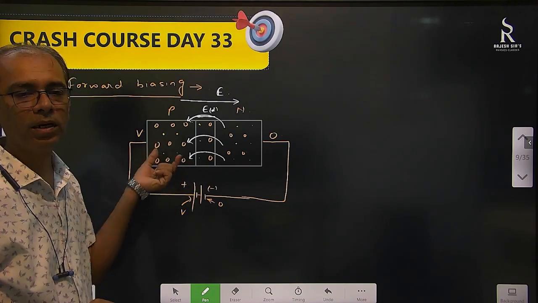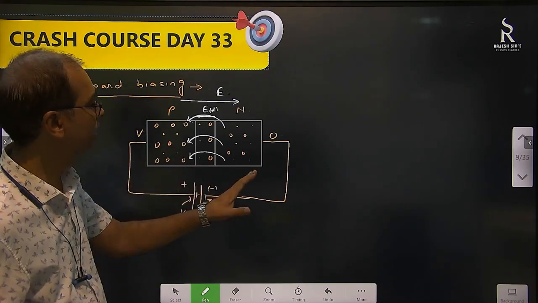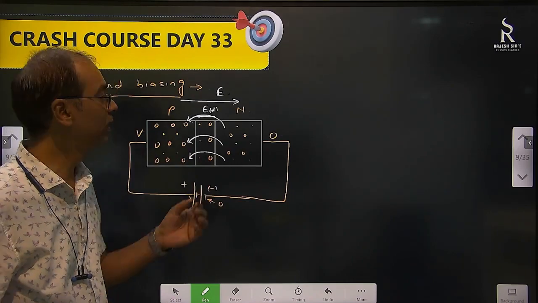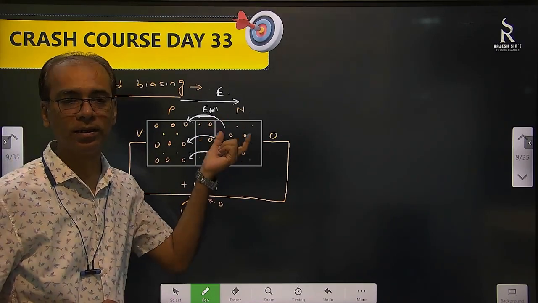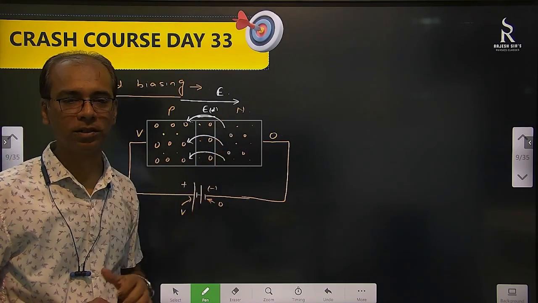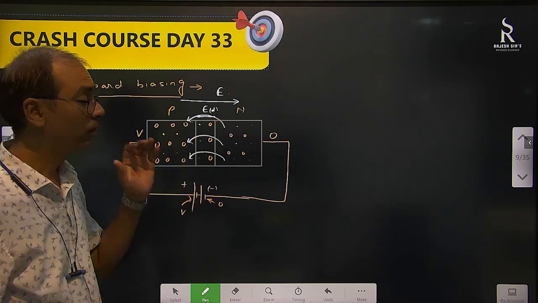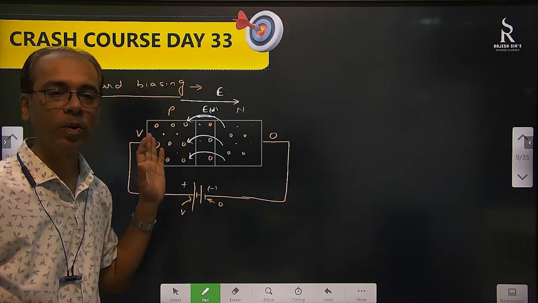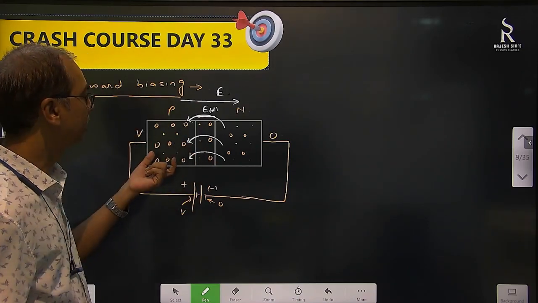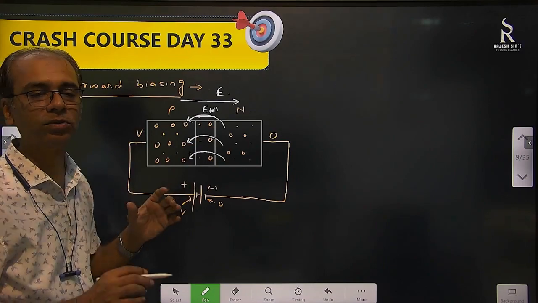In the valence band of the p-type, when this electron jumps over to here, what happens suddenly? We all know that this n side becomes positive. Yes or no? This n side becomes positive. So what happens to overcome this on the p side, because you are applying an electric field?